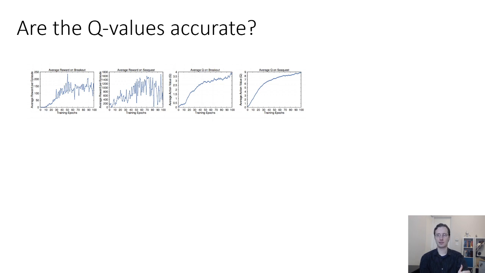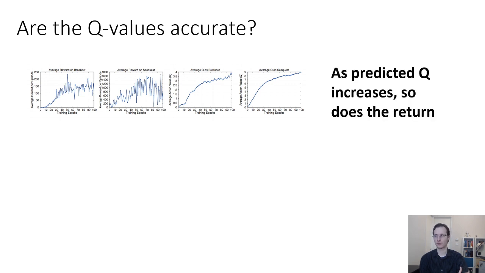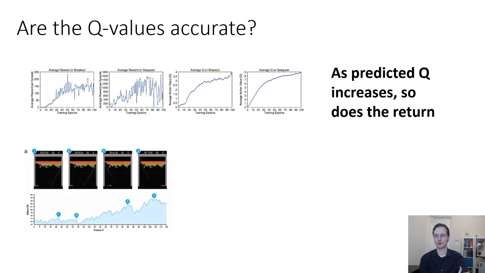If we look at the average Q values that are being predicted, and that's the two plots on the right, we'll see that the Q function is predicting larger and larger Q values as training progresses. And that intuitively makes sense. As training progresses, our policy gets better, it's getting higher rewards, so our Q function should also predict higher Q values. So as predicted Q increases, so does the return.